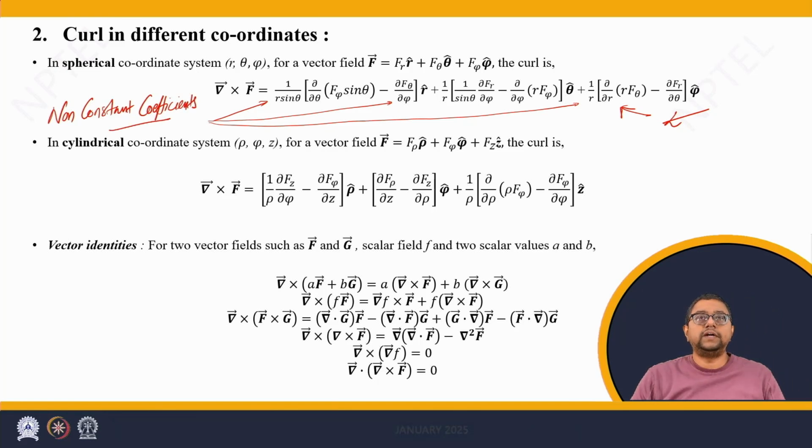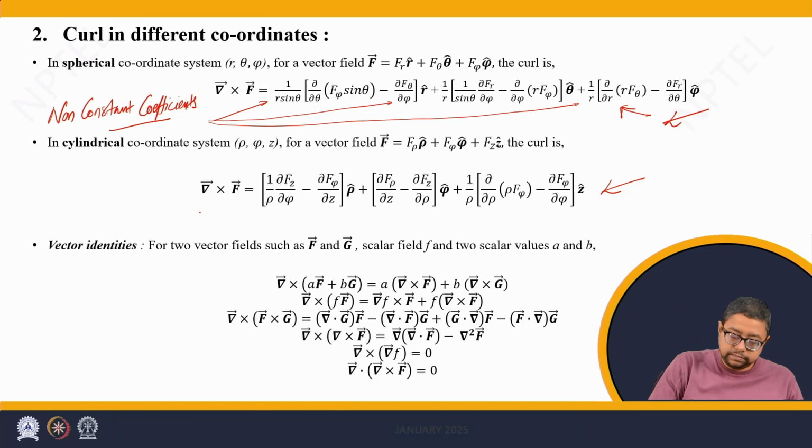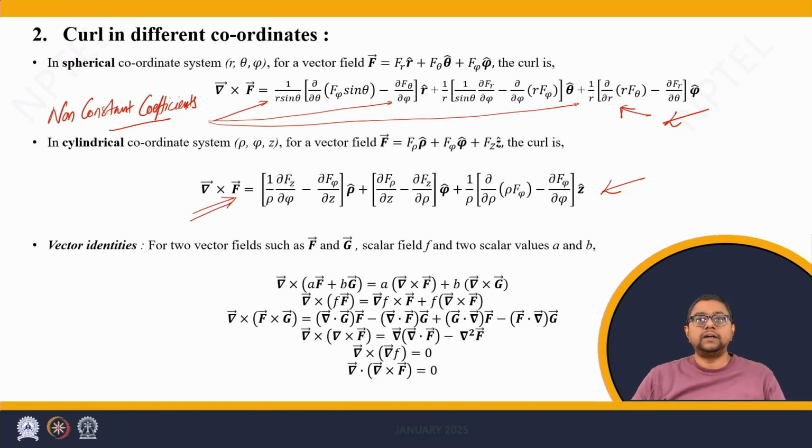In the cylindrical coordinate system with rho, phi and z, the curl is given as this expression. Just like the divergence operator, cylindrical coordinates also have non-constant coefficients for some of the terms, while other coefficients are constant.